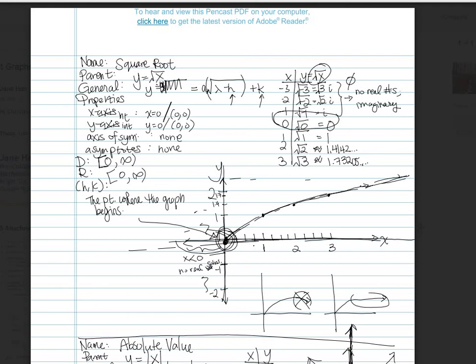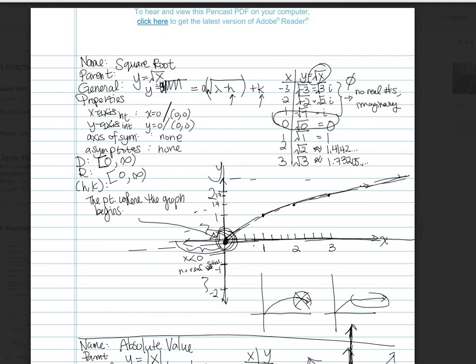I know nothing is going to be to the left here. I'm not going to have any negative x values because it gives me imaginary numbers. So everything is going to be in the positives here. And then I have 1, 1. And then 2, 1.42. And we know the square root functions are going to make this little swoosh.